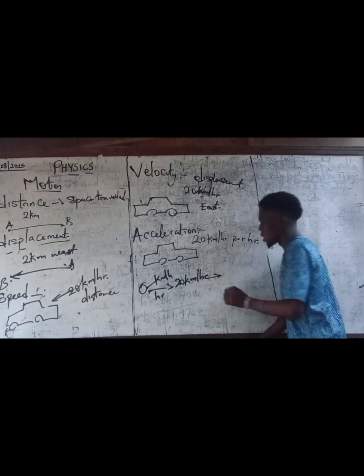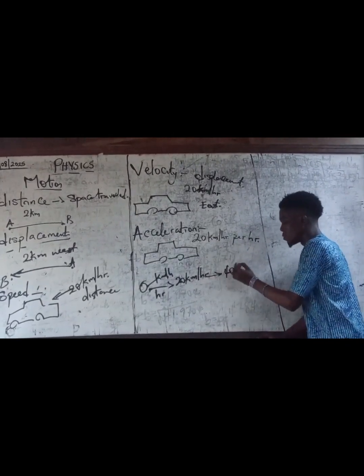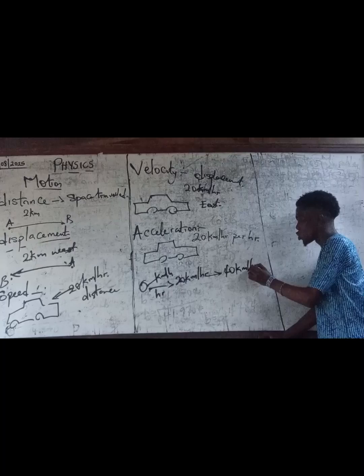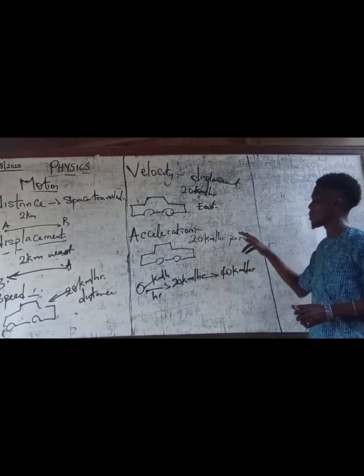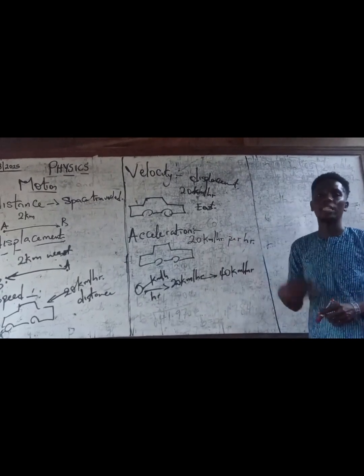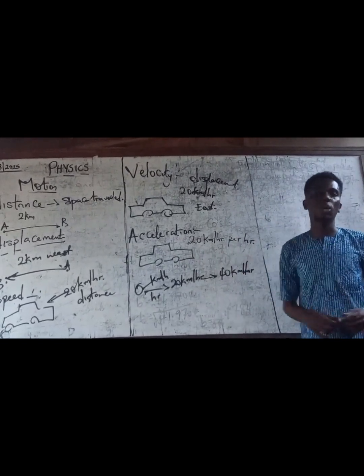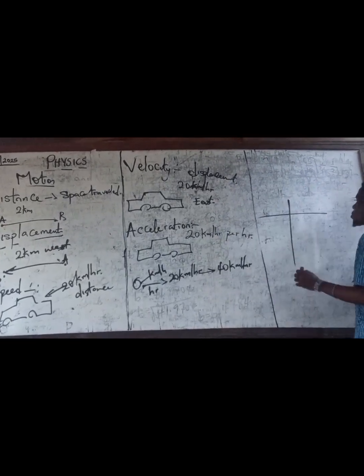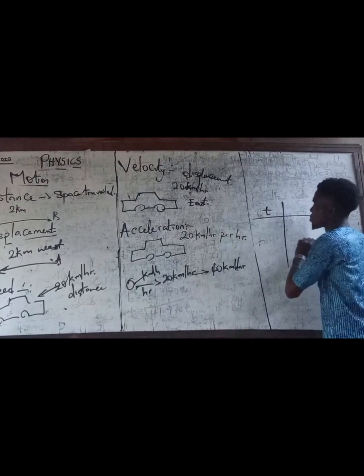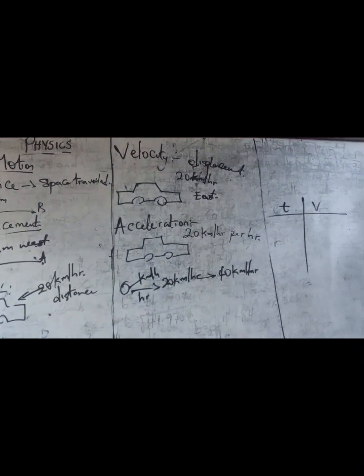So the next velocity you're going to see there is 40. Because it is changing by 20, right? Because the acceleration is 20 km per hour, you keep on adding 20. So let me draw a table so you can get the idea. We'll call this time, we'll call this velocity.